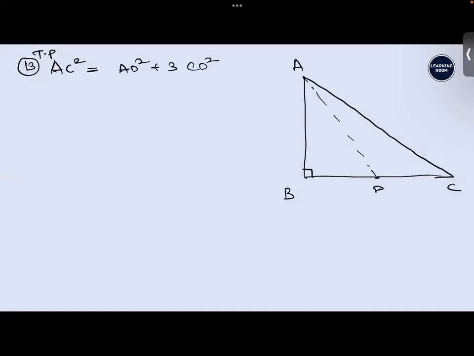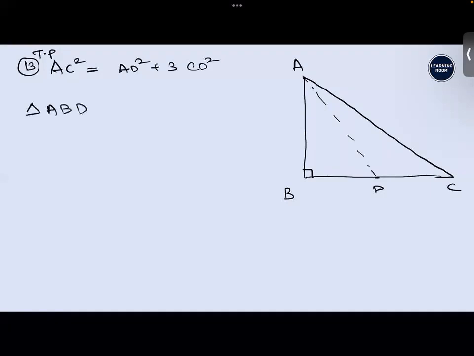How to prove? See, whenever you have a sum of squares, the first thing you need to do is apply Pythagoras theorem. For you to apply it, first you need right angle triangles. How many right angle triangles are you able to see? You're able to see two? Yes. What are the two right angle triangles?